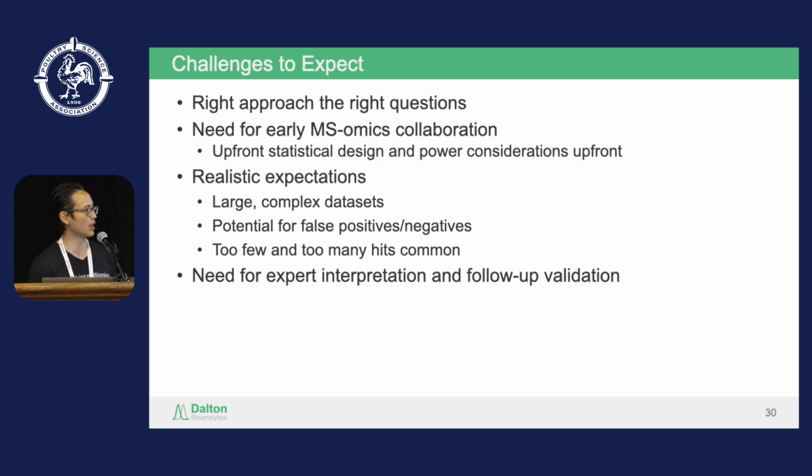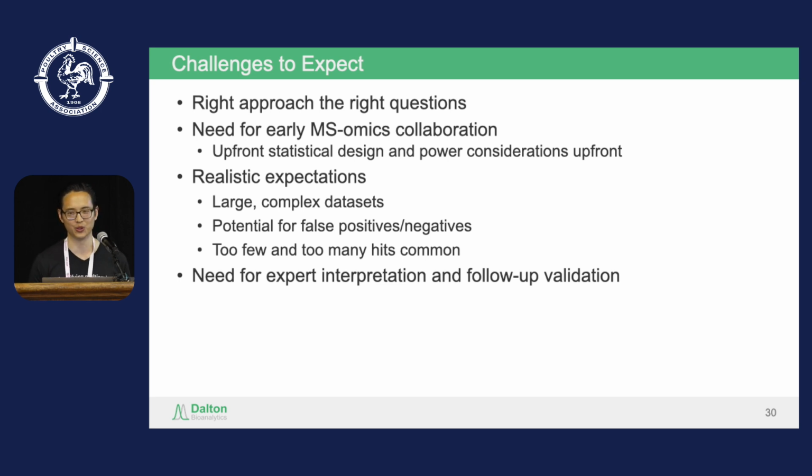Ultimately, these are hypothesis-generating tools, right? So there's going to be false positives and false negatives, especially when you're testing so many different things. Even if you do multiple testing control and try to filter out the false positives, it's still a problem. And then also be prepared.